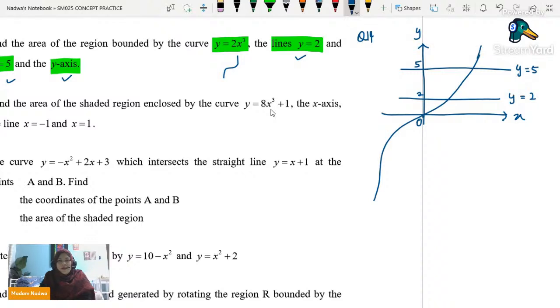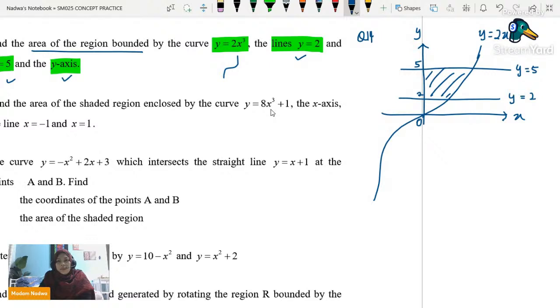Okay, so nampak kita nak the area of the region bounded by the curve. This is the curve y equals to 2x cube, lines y equals to 2, y equals to 5, and also the y-axis. So the region bounded by them adalah dekat sini. Saya shadekan the region. This is the region or the area that we want.